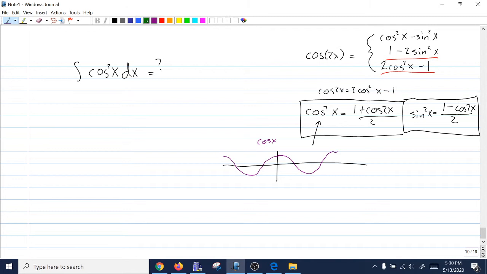When you square it, you're kind of folding it up and making it positive. This negative 1 is going to get squared and become positive 1. One squared is 1 also. 0 squared is 0.